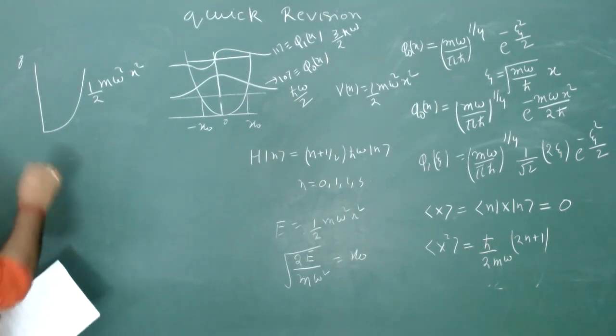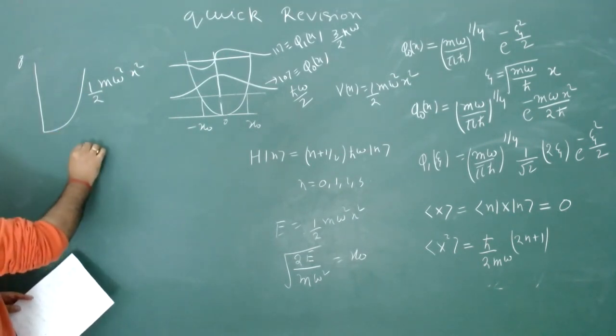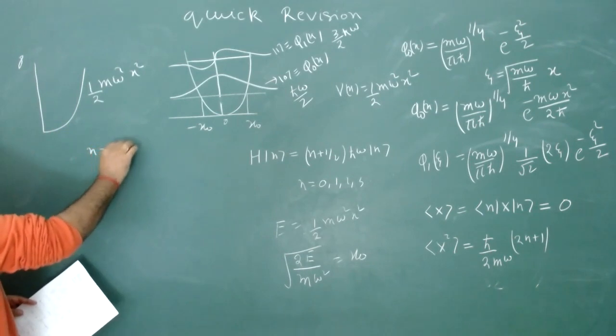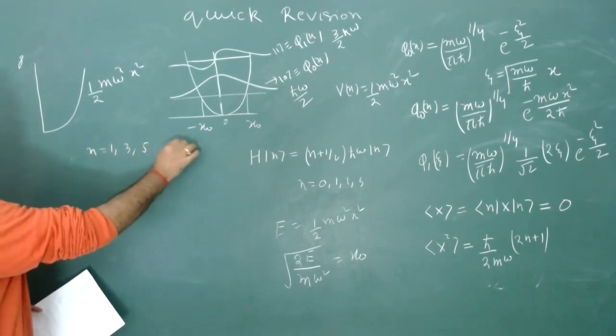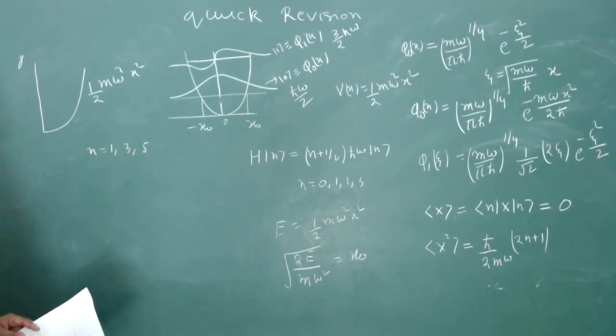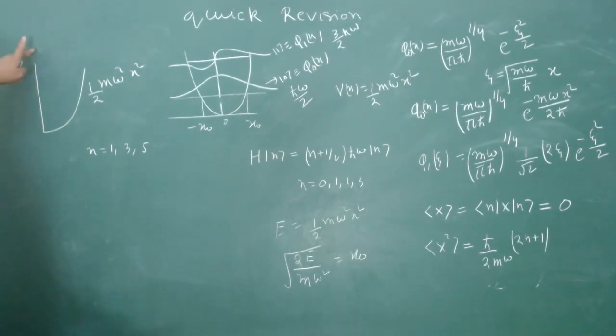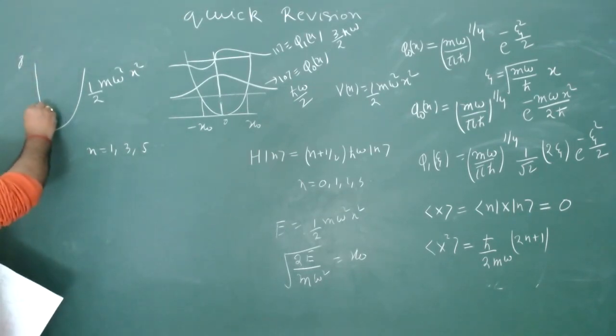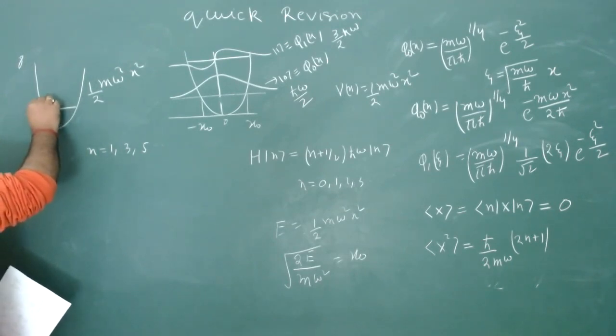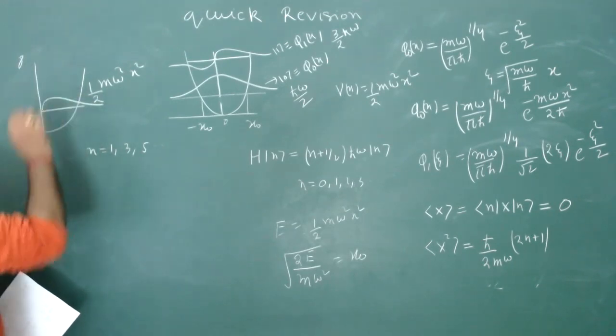Then for the energy, only n equal to 1, 3, 5, and so on are the allowed values, because the wave function must vanish at x equal to 0, where there is infinite potential. So the ground state wave function looks something like this for this particular potential.